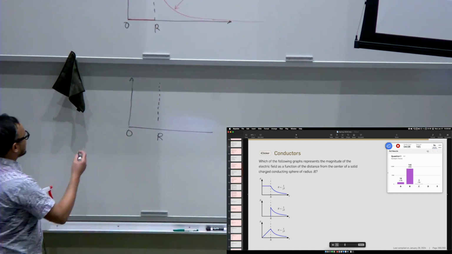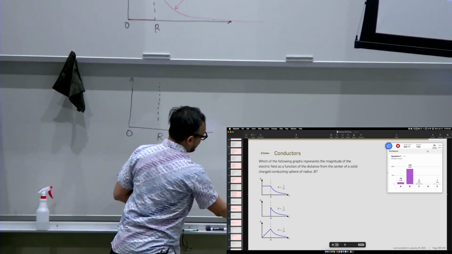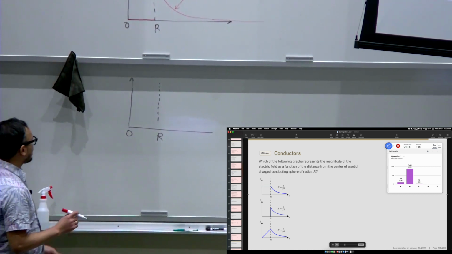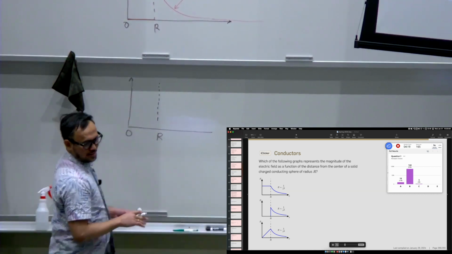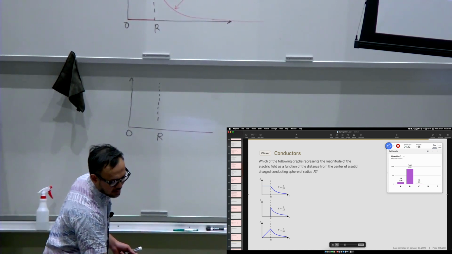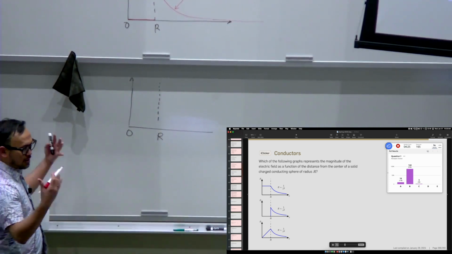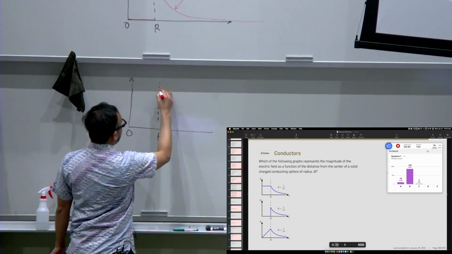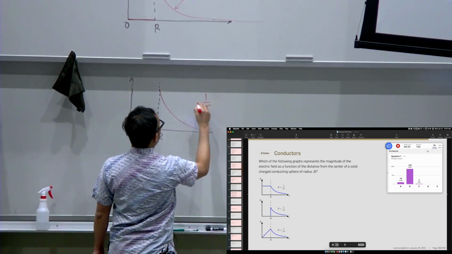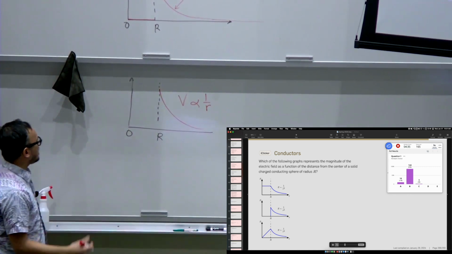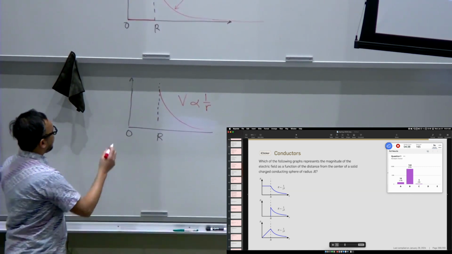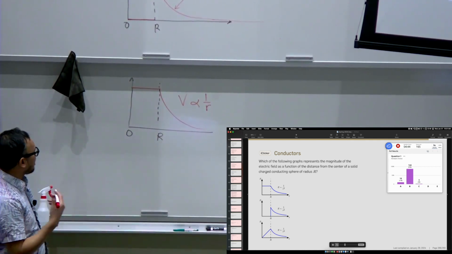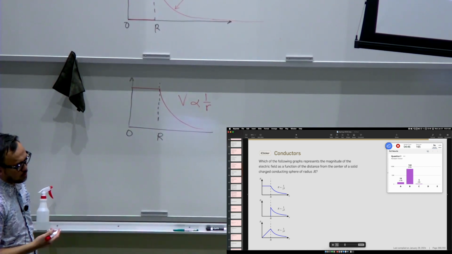What is important is that it stays the same. If there is no charge on the conductor, then the voltage is 0. So we know that outside the conductor, it follows 1/R. This is voltage or electric potential. And inside the conductor, it stays constant, because delta V divided by delta R is equal to 0.